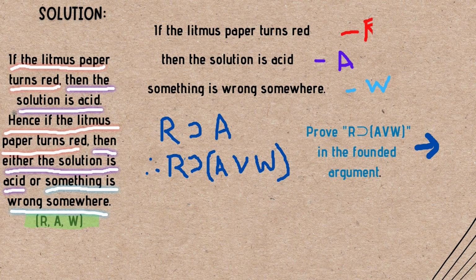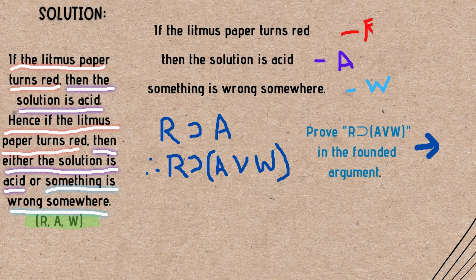Hence, the litmus paper turns red, again the first sentence is repeated, so we give R. Then the solution is acid, so we give A. If the litmus paper turns red, you assign R. If there is a statement like the solution is acid, we assign A. And the last sentence, something is somewhere wrong, so you apply W for wrong. So we have assigned the variables for each type of sentence.